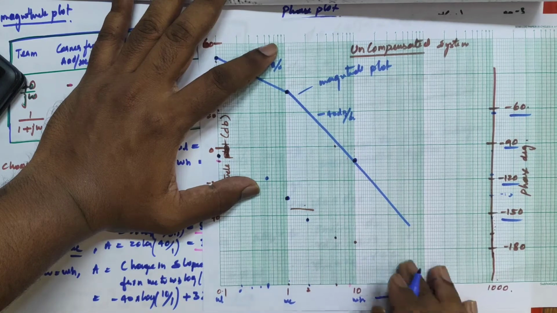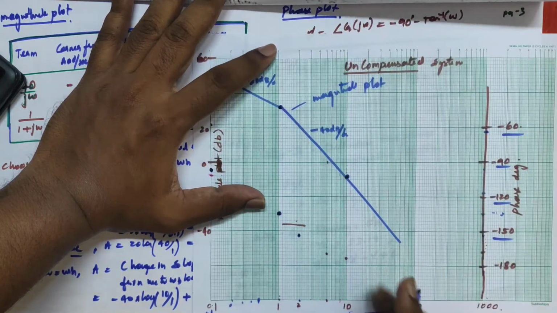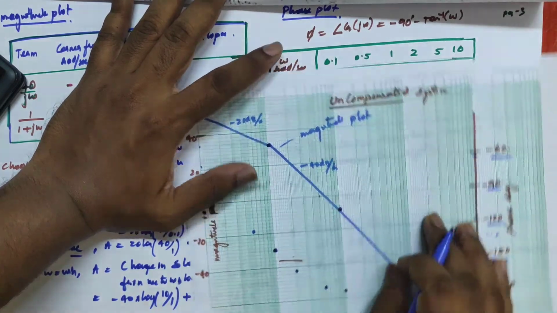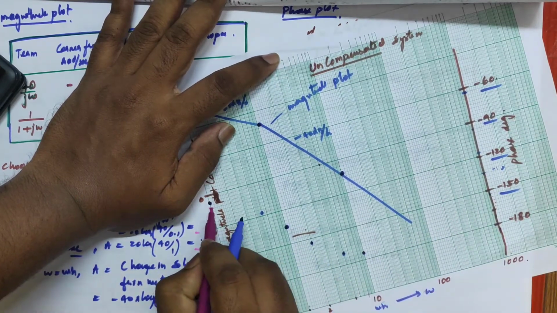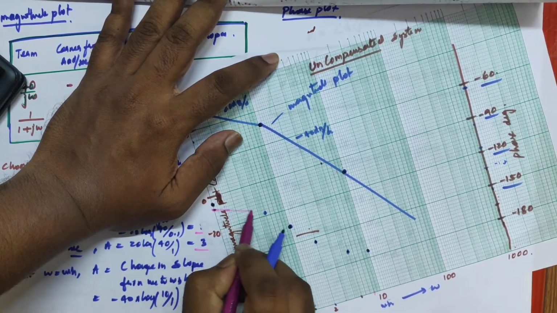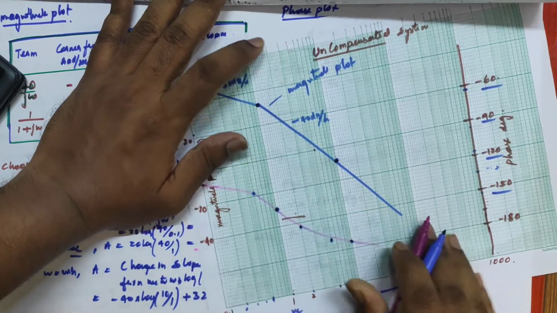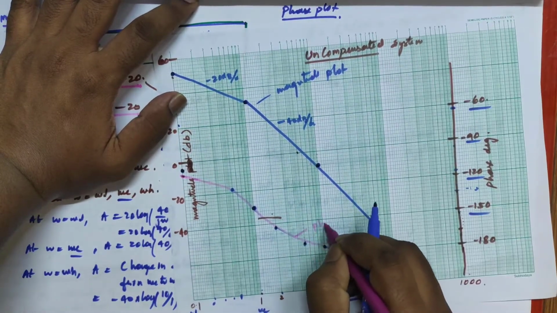At 5 I have minus 169, close to minus 180, I have minus 174. If I plot these values, I get the phase values. This is called the phase plot.